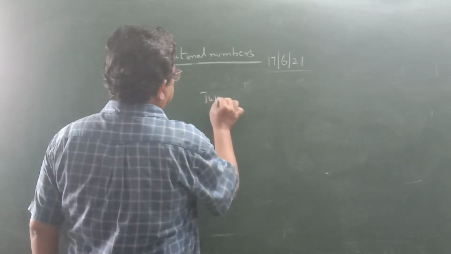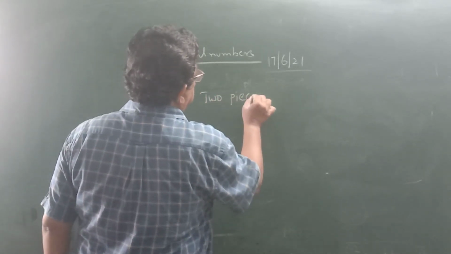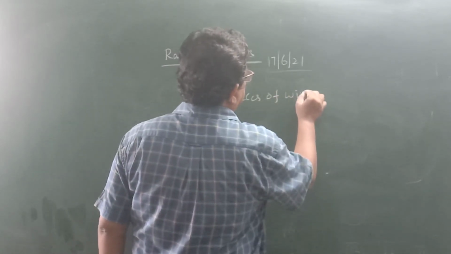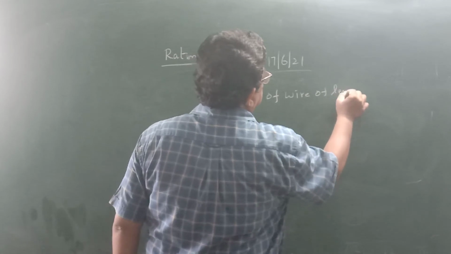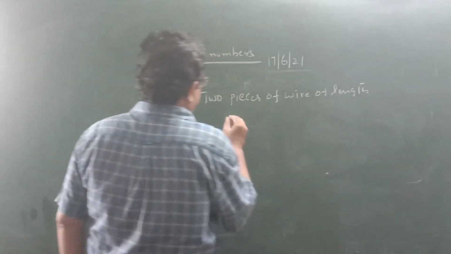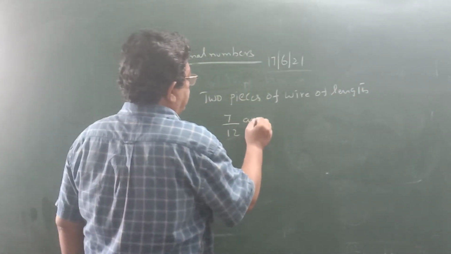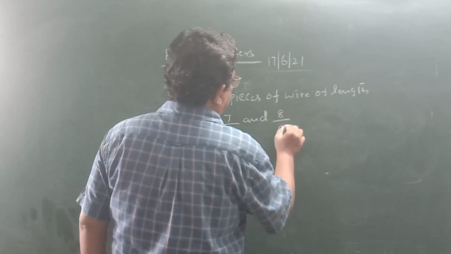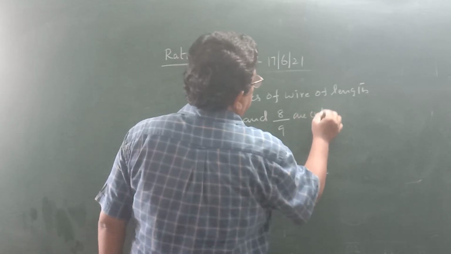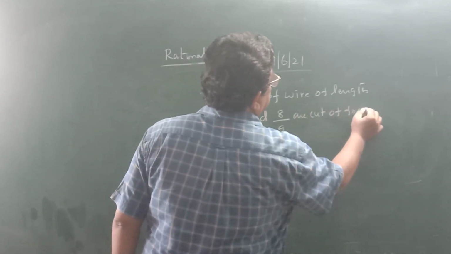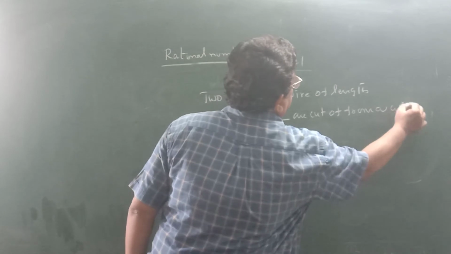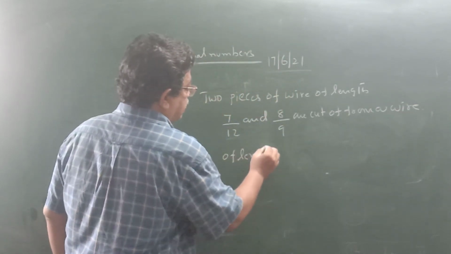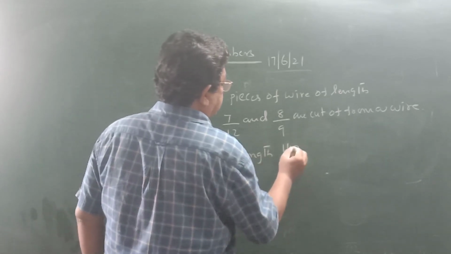Two pieces of wire of length 7 by 12 and 8 by 9 are cut off from a wire of length 11 meters.